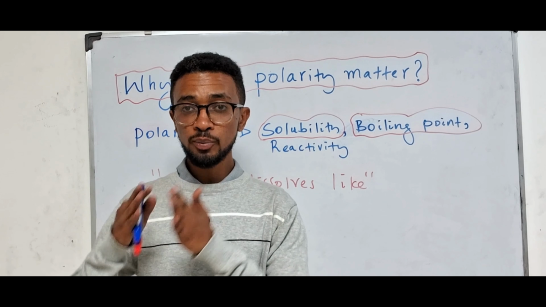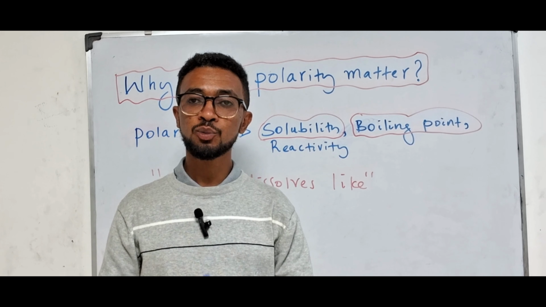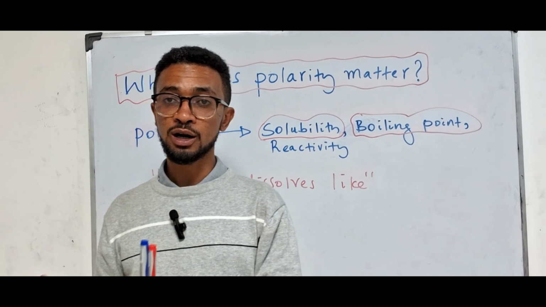So the more polar the molecule, the stronger the intermolecular force it will have. If a molecule has strong intermolecular forces holding its particles, it will require higher energy to be overcome, meaning it will have a higher boiling point. So polarity obviously affects boiling points.